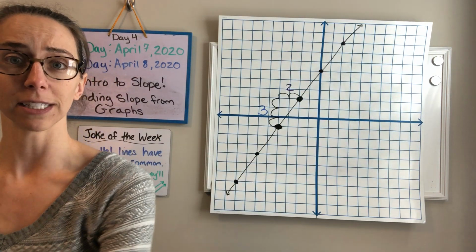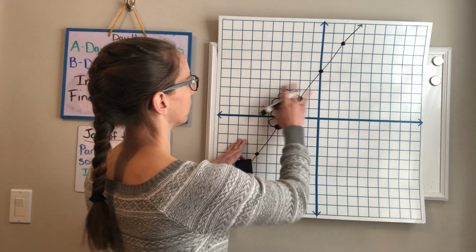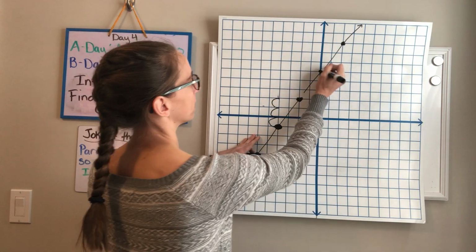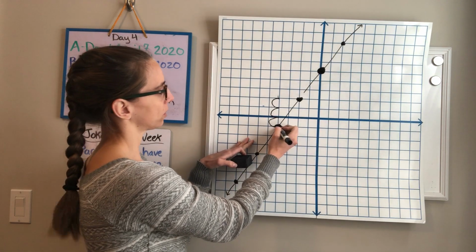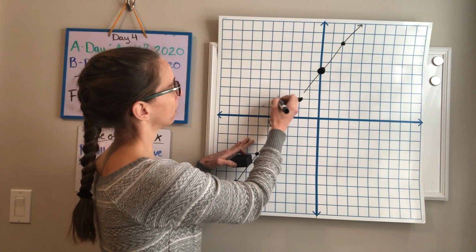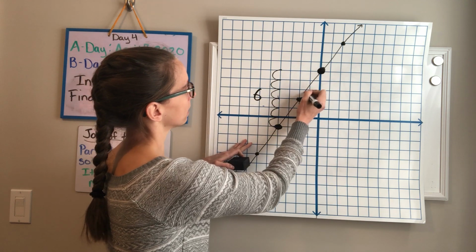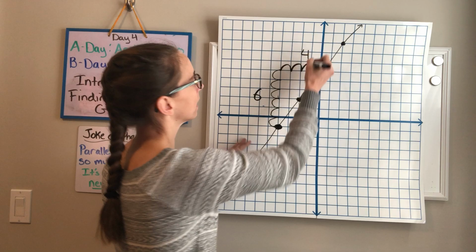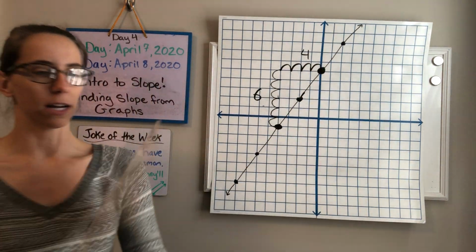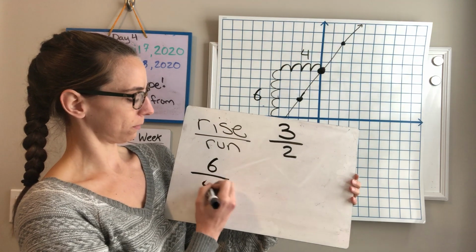That would have worked out in the same way if you had chosen two other points. If you had chosen these two further points, we would have counted our vertical change. So again, 1, 2, 3, 4, 5, 6. And our horizontal change would be 1, 2, 3, 4. So this time my rise was 6 units, my run was 4.